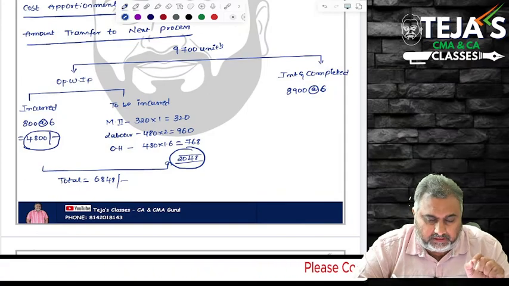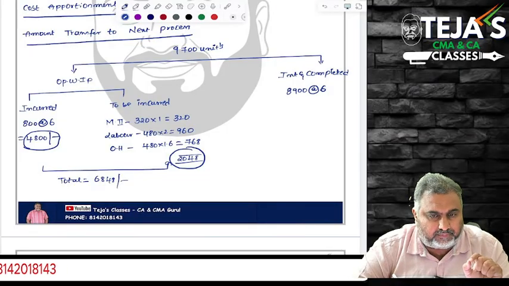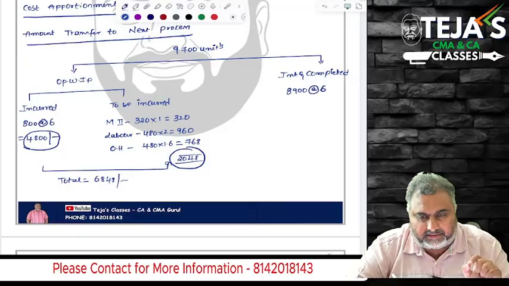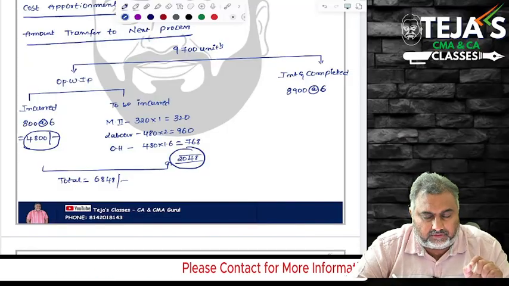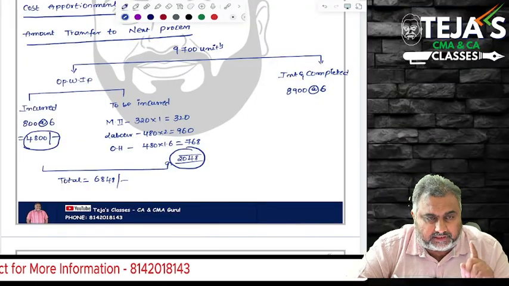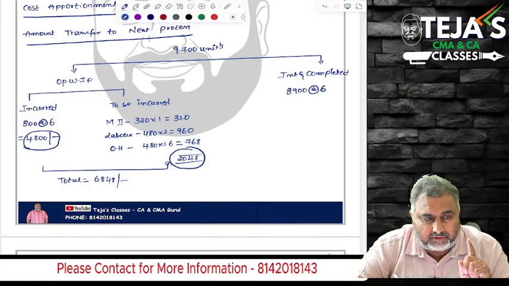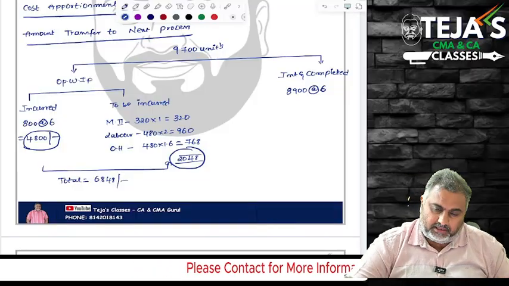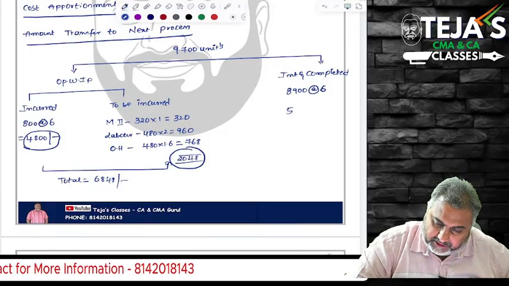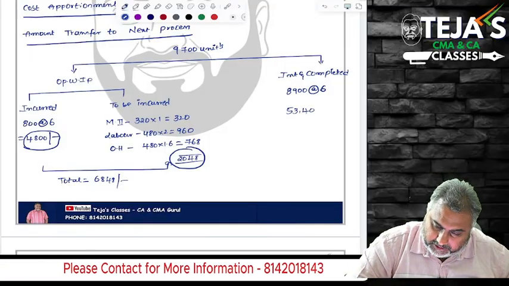Still anyone have doubt regarding the opening work in progress 100% finishing cost calculation? That's the reason I told you, if you do wrong with the equivalent production statement, the entire question goes wrong. Okay. Next, 8,900 into 6, and how much? 53,400.